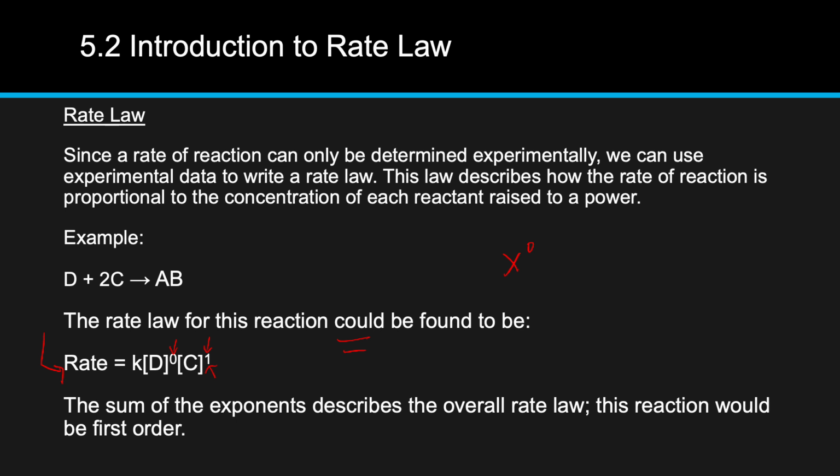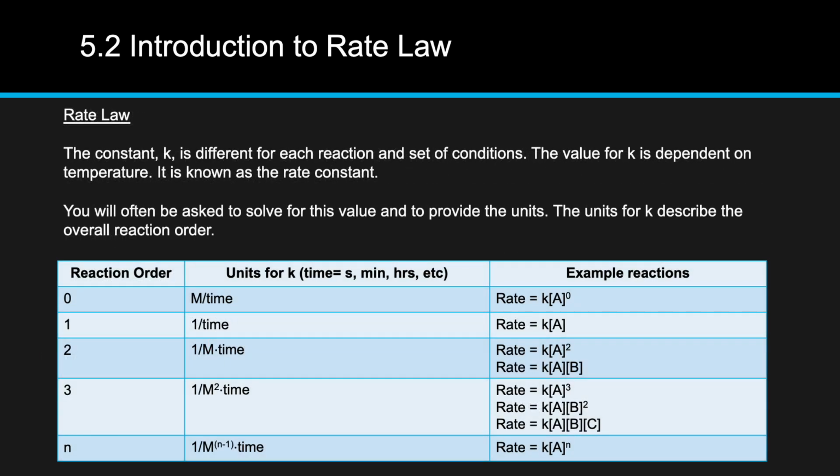Please note that the coefficients have nothing to do with the rate law. The rate law is only to be discovered experimentally. So the constant K is different for each reaction and set of conditions. The value for K is dependent on temperature, and it's known as the rate constant. So you will often be asked to solve for this value and provide the units.